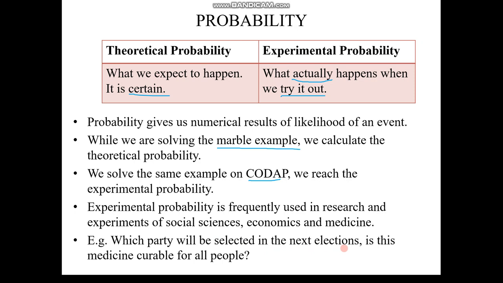Since we cannot apply our studies and research or surveys to all of the people in the world or in the country, we select a few of them and apply our research, and we generalize our results. So, it is experimental probability. You can think we are generalizing our results in experimental probability.